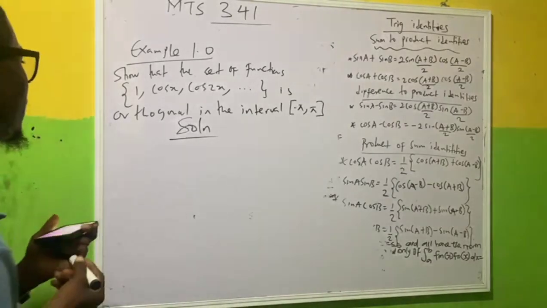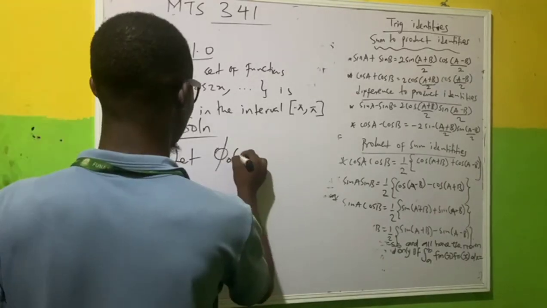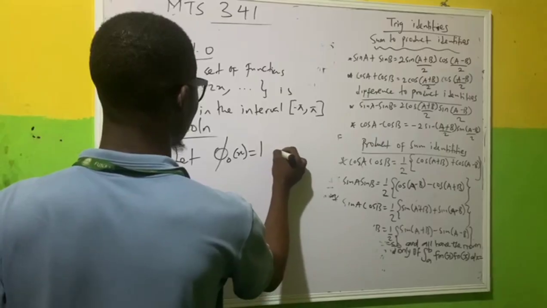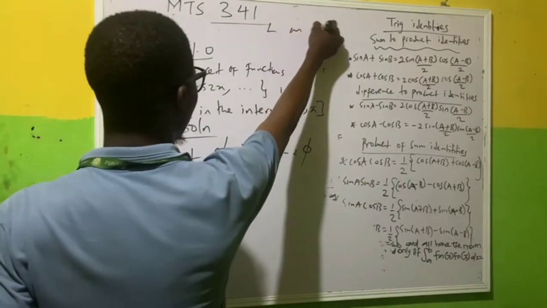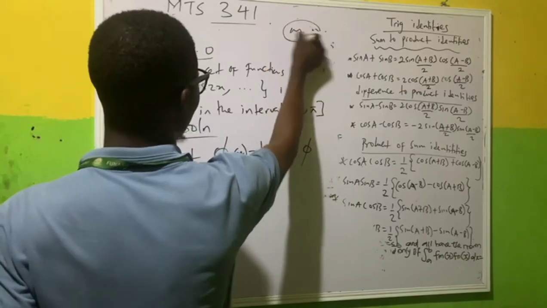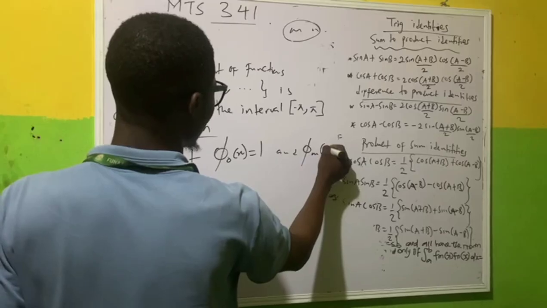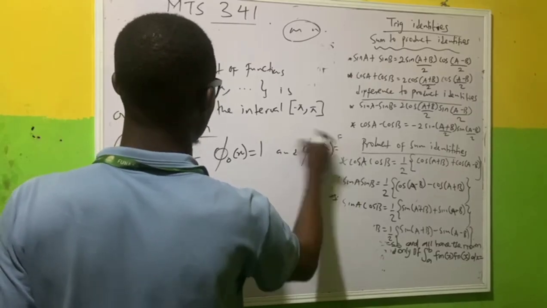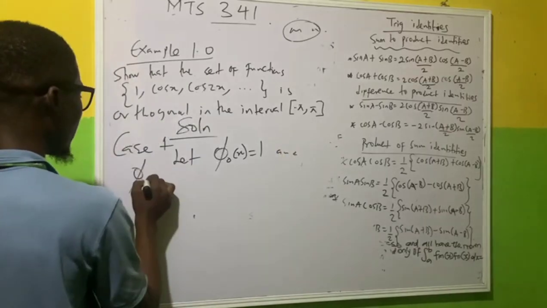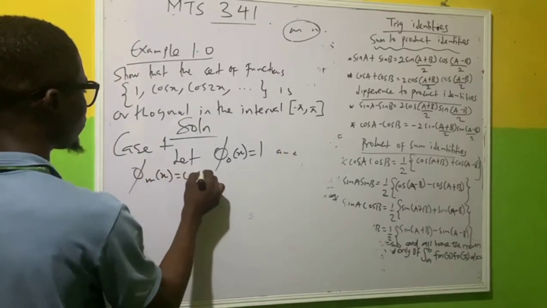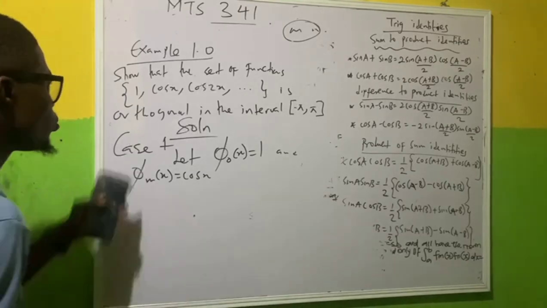Let's use case 1. Let phi naught of x equal 1 and phi subscript m of x equal cos x; let's just pick one of these. Now we want to show if this is orthogonal.